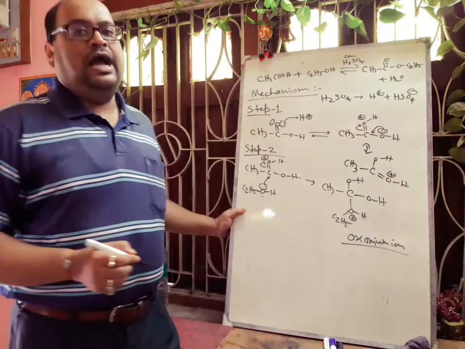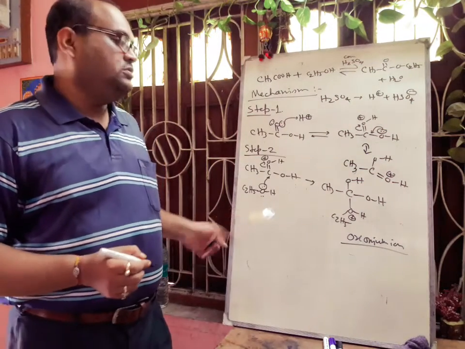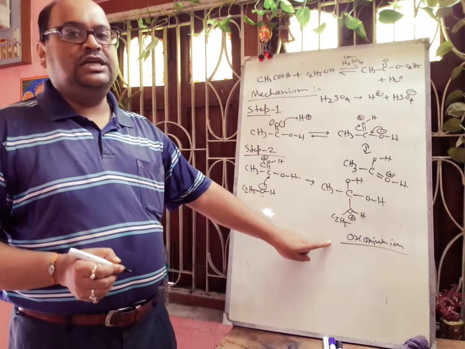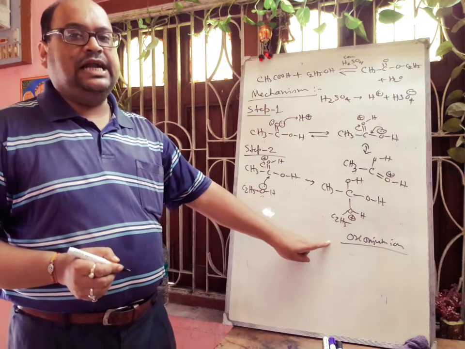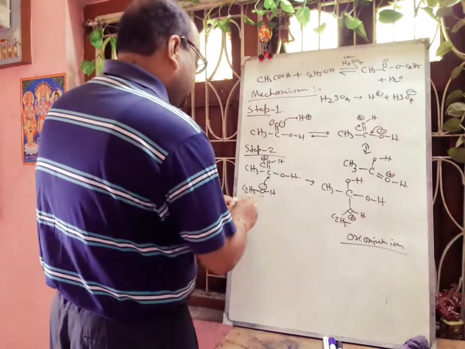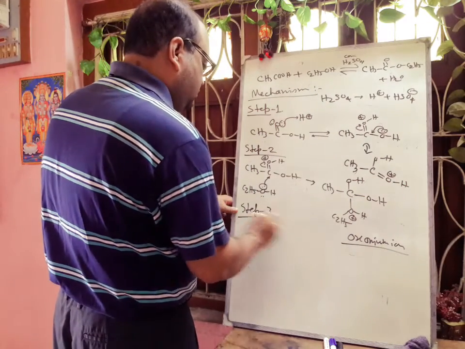Okay, and in the third step, the oxonium ion formed in the second step loses a proton to keep the tetrahedral intermediate in its neutral form. So in step 3, what will happen?